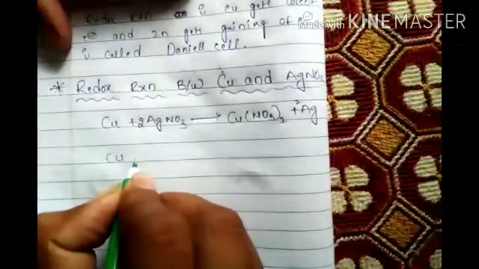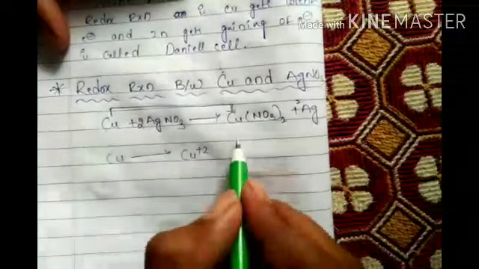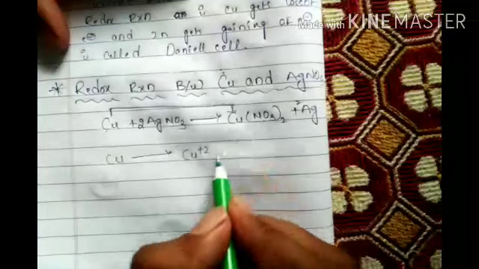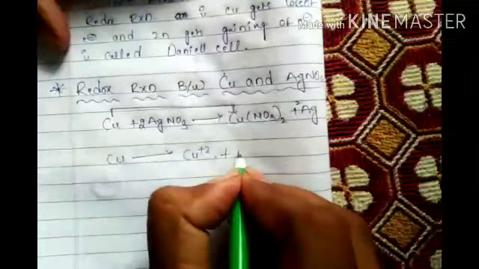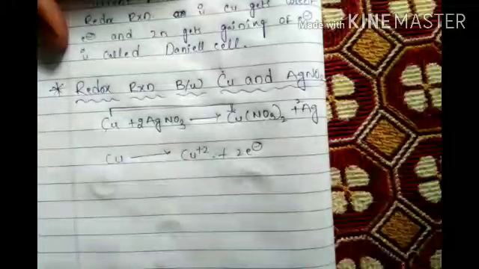Okay, guys. Now let's take the single reactions and write them. Cu becomes Cu2+. Look here, Cu(NO3)2 is there, meaning both are same. So it is losing 2 electrons.